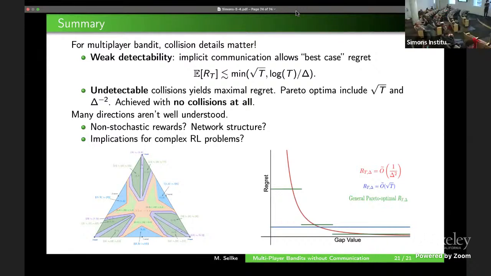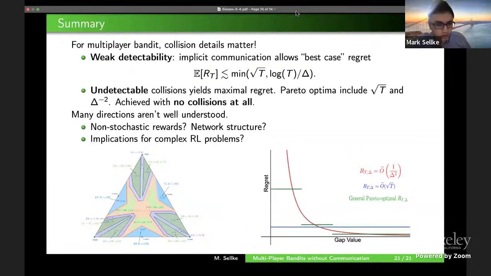An obvious one maybe is, do you want to say something a little bit about the non-stochastic rewards, or what the challenges are there? Yeah, I think it's just quite a bit harder.